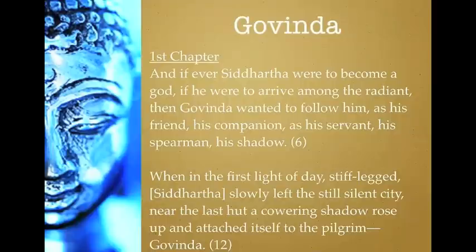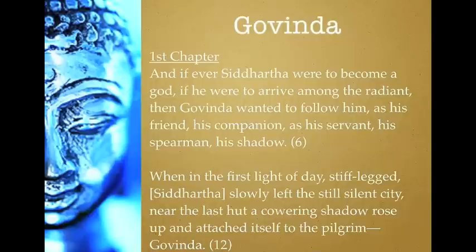In the first chapter, "and if ever Siddhartha were to become a god, if he were to arrive among the radiant, then Govinda wanted to follow him as his friend, his companion, as his servant, his spearman, as," and here's the most important word, "his shadow." So once again, shadow being something related to shade, related to spirit, we're kind of connecting the idea that Govinda is Siddhartha's shadow.